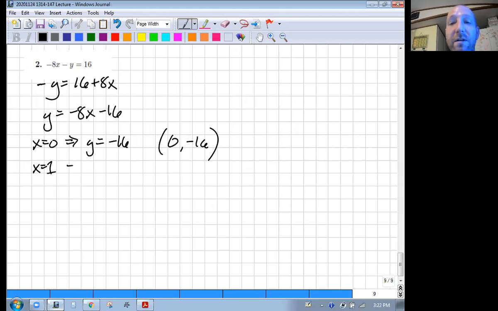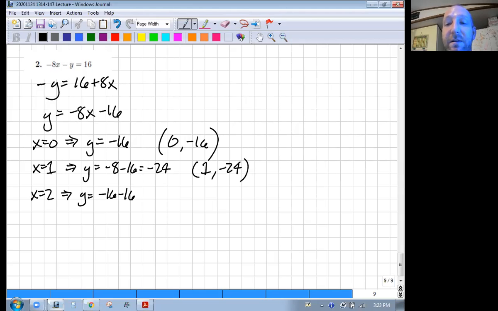If x is 1, then y is -8 minus 16, which would be -24. So 1, -24 is a solution. If x is 2, then y is -16 minus 16, or -32. So 2, -32. There's 3 solutions. Boom.